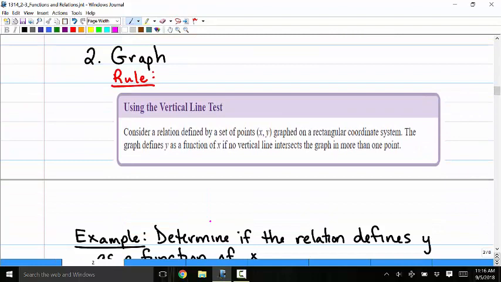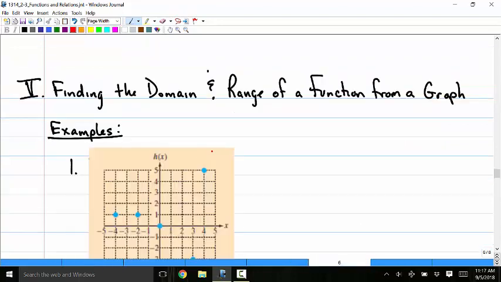Okay, what if the relation is given to you in the form of a graph? How can you look at a graph and tell whether or not the relation is a function? Well, you have what's called the vertical line test. Remember what that says? If any vertical line crosses the graph more than once, it's not a function.